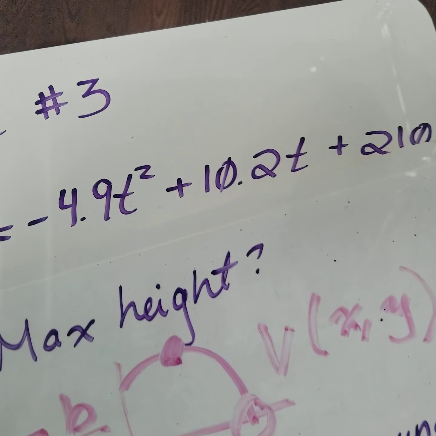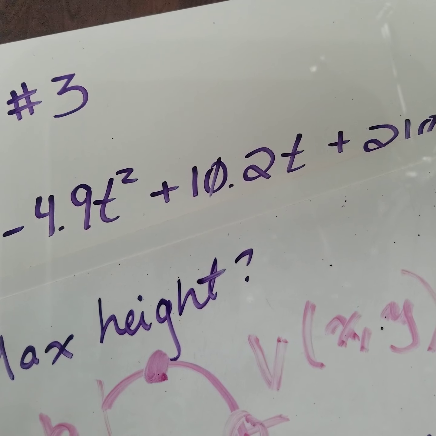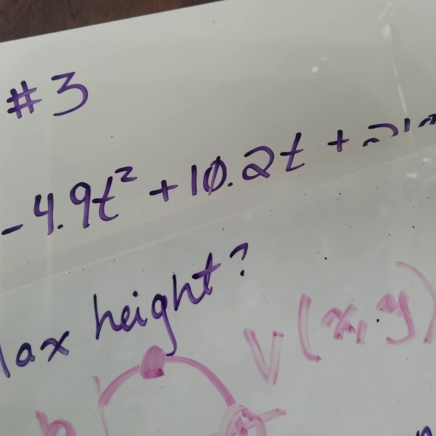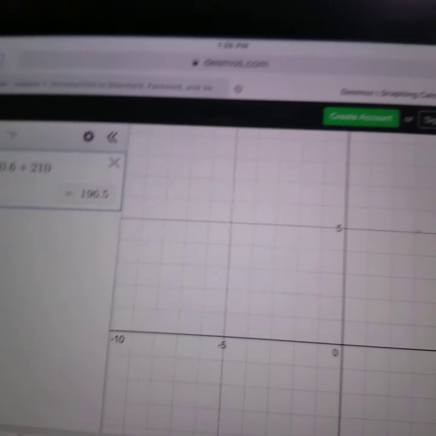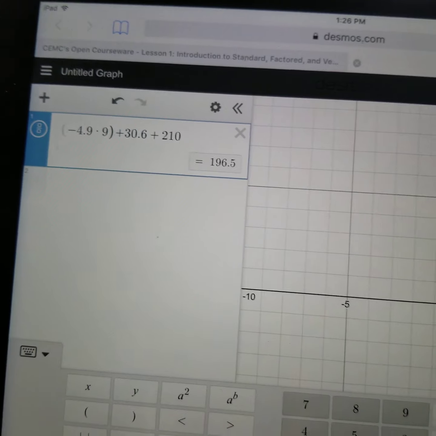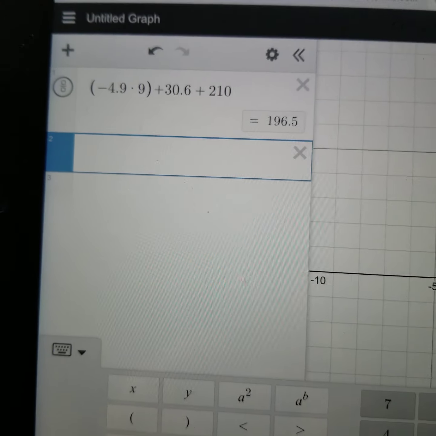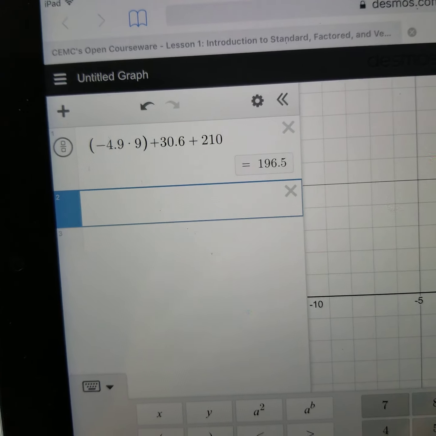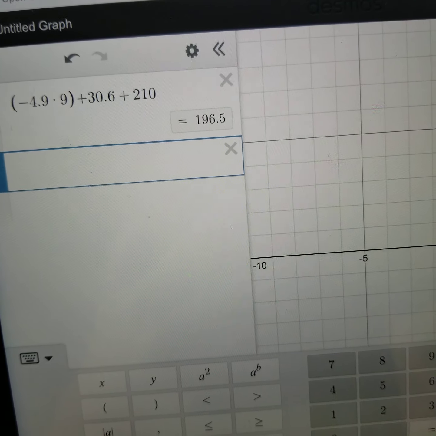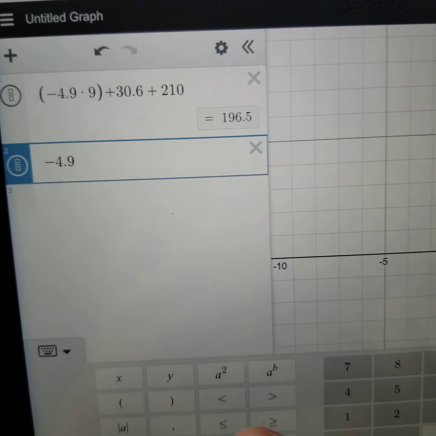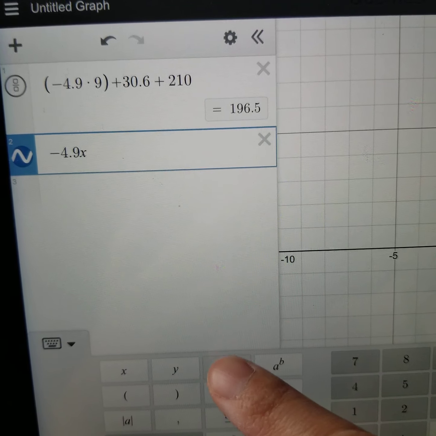So let me plot this expression here, and let's confirm all of our previous answers before. So on Desmos, I'm going to write the function negative 4.9. They're using t, I'm just going to use x squared.